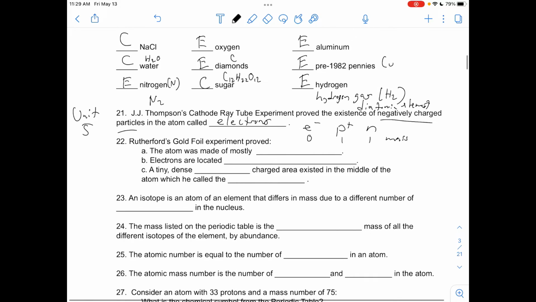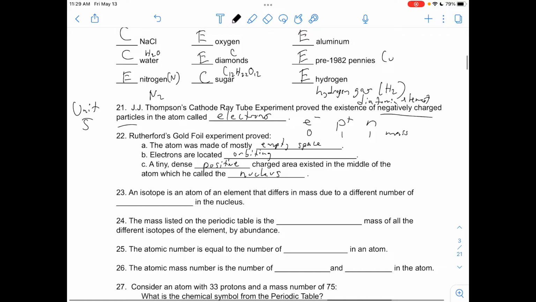Rutherford's gold foil experiment proved that the atom is mostly empty space. Electrons are located orbiting the nucleus. A tiny dense positively charged area exists in the middle, and he called it the nucleus.